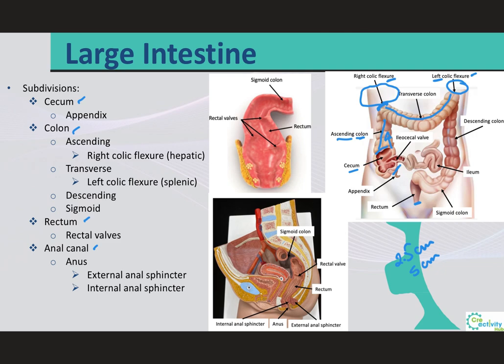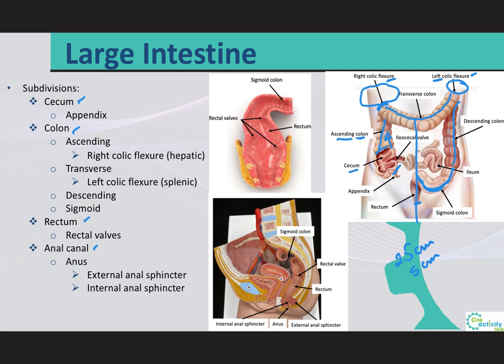And from there, the food residue will then pass through the descending colon, which runs down the left side of the posterior abdominal wall. And after entering the pelvis inferiorly, it becomes this S-shaped sigmoid colon, which extends medially to the midline. Notice how now it's running all the way to the midline.